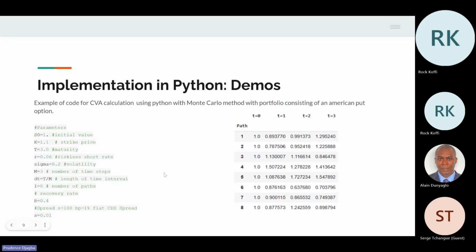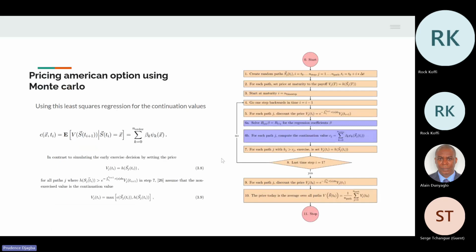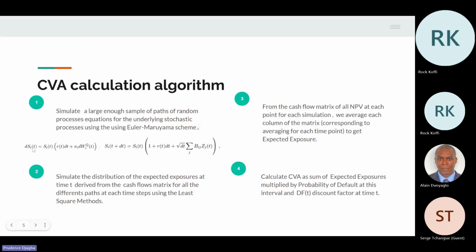So with all those values now in our code, we generate the stock prices, which are the paths of the underlying assets. We needed the initial stock price, the K. No, we don't need the K. Yes, we need the K. We need T. We need the R, which was in the stochastic differential equation that we simulated.